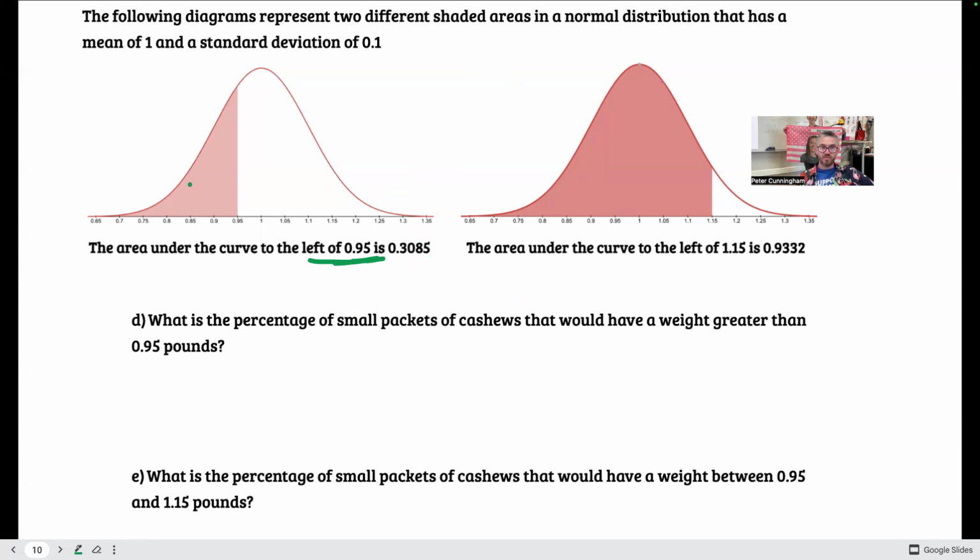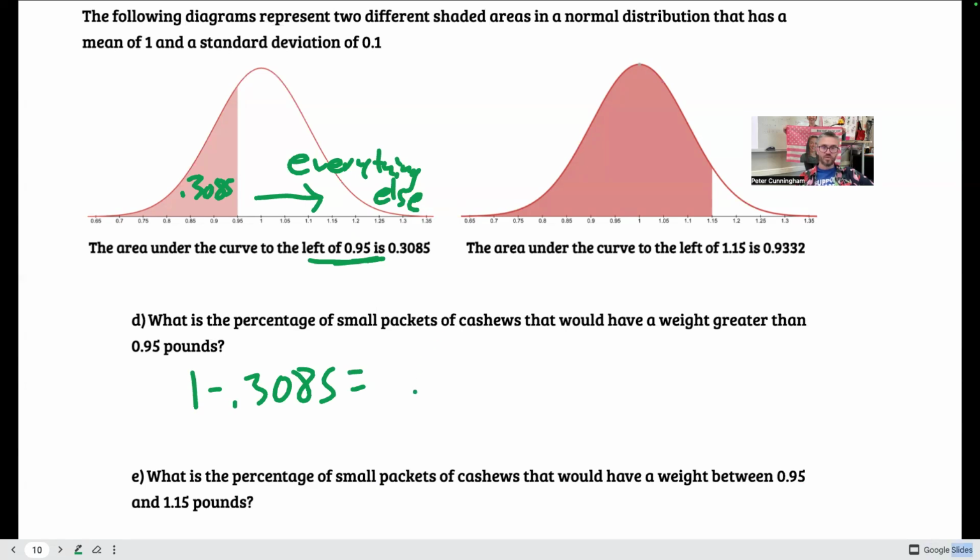We're just saying, okay, if this is 0.3085, then this is everything else. Okay, so what is everything else? Well, everything else is 1 minus 0.3085, which should give you 0.6915. So that's it as a proportion.